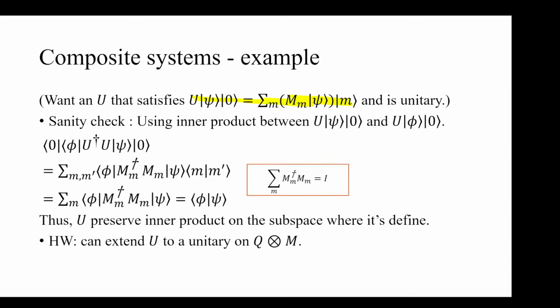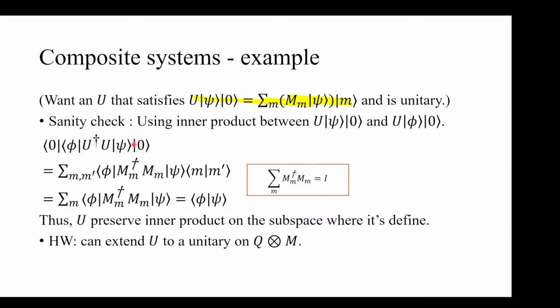So we want U to turn your initial state into this state to be measured, and we also want U to be unitary, because we know all quantum operations are unitary, and we also assume that all unitaries are possible quantum operations.